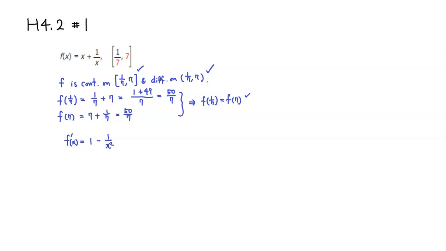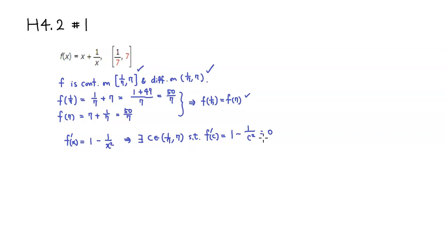We know that there is some c between 1 over 7 and 7, such that f prime of c, which is 1 minus 1 over c squared, is equal to 0, because it's Rolle's theorem.